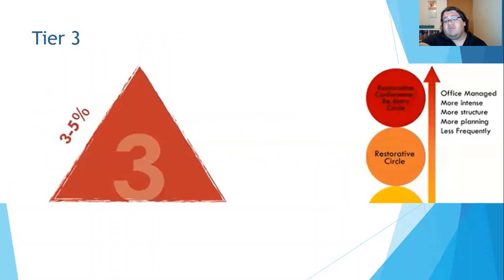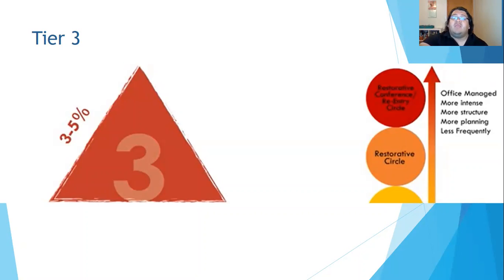So knowing from tier 1 to tier 2, we are coming to tier 3. This is where 3 to 5% get to. Very small, but it happens, right? This is the red part. This is where we do not want to be, but it happens, right?